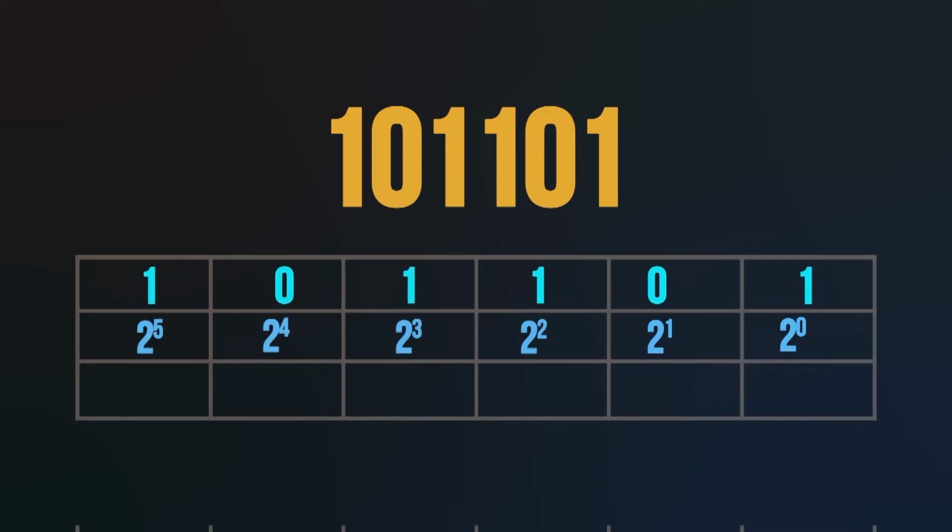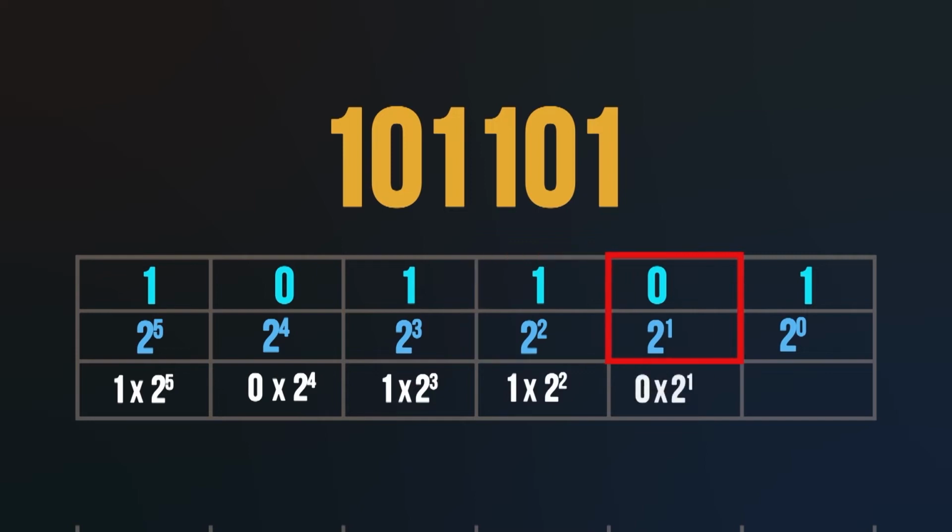Then the binary number 101101 can be represented in its positional notation as 1 into 2 raised to 5 plus 0 into 2 raised to 4 plus 1 into 2 cube plus 1 into 2 square plus 0 into 2 raised to 1 plus 1 into 2 raised to 0.